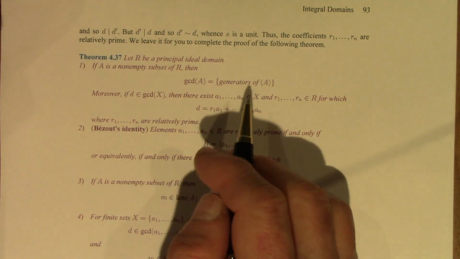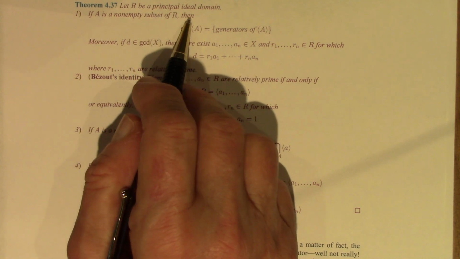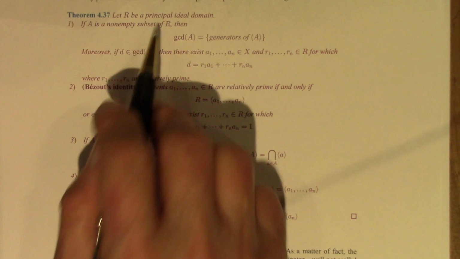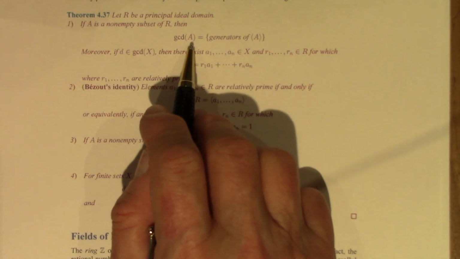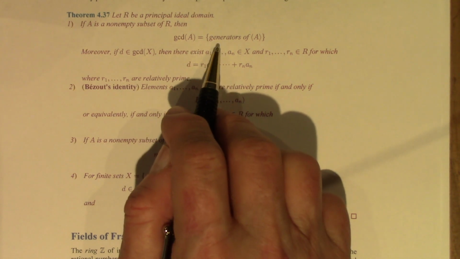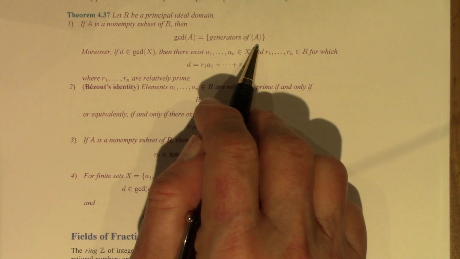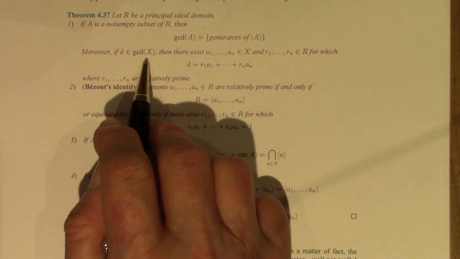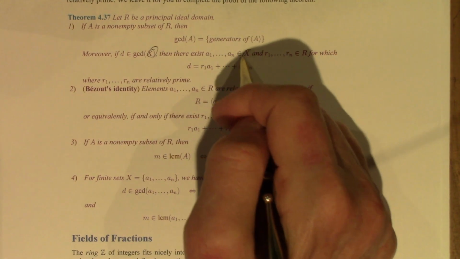And in conclusion, we have this theorem. R is a principal ideal domain. If A is a non-empty subset of R, then the greatest common divisors of A are the generators of the ideal generated by A. If D is a greatest common divisor of, these X's should be A's.